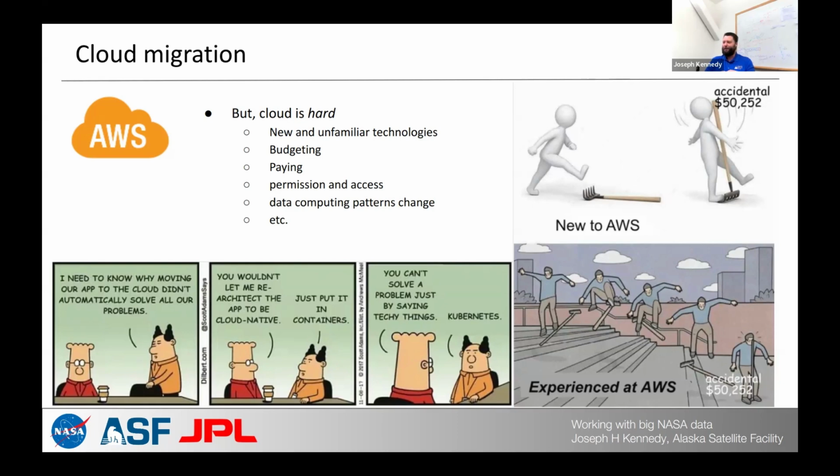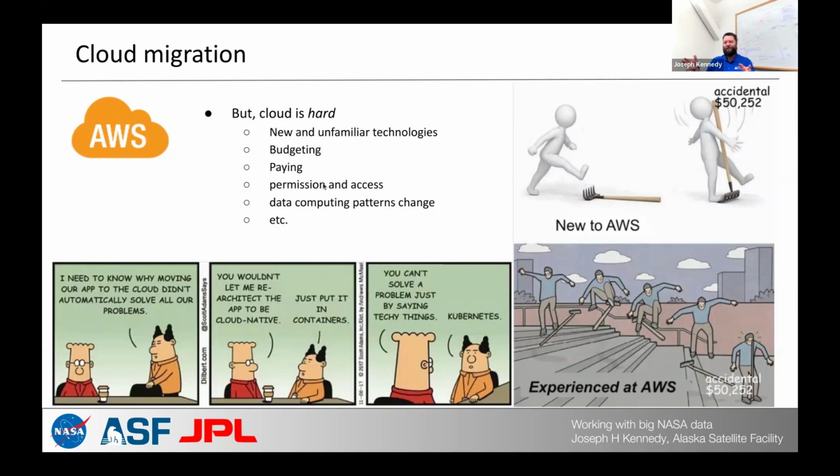And this kind of situation happens pretty regularly. When you're new to AWS, you might accidentally spend $50,000 and not realize it. But it also happens to people that are very experienced at AWS. I myself have recently accidentally spent a few $1,000s I didn't mean to by resubmitting processing requests without realizing it.